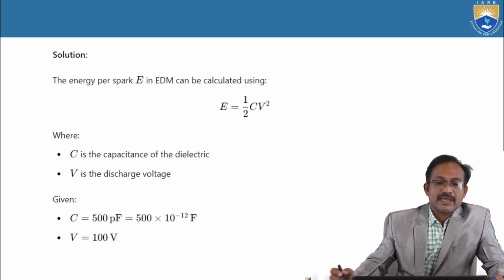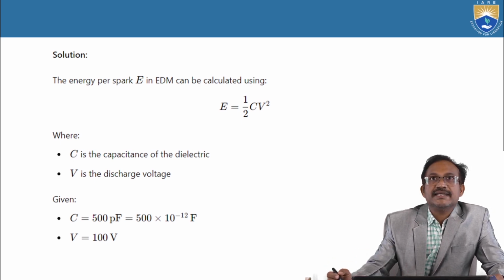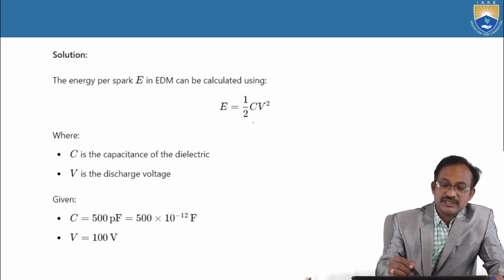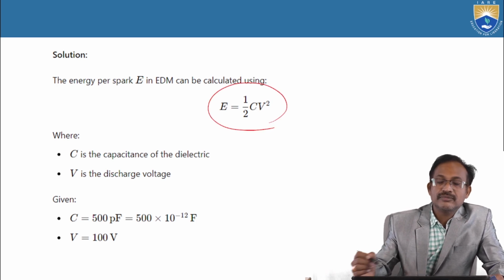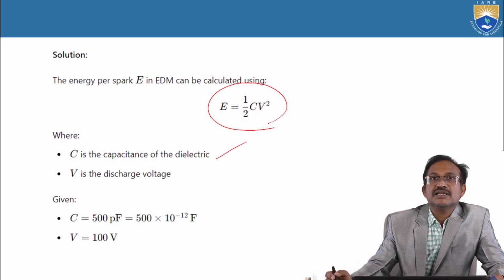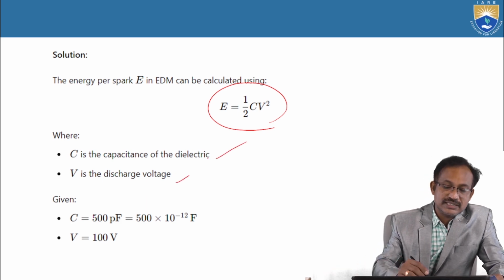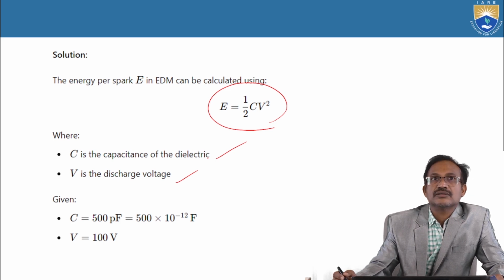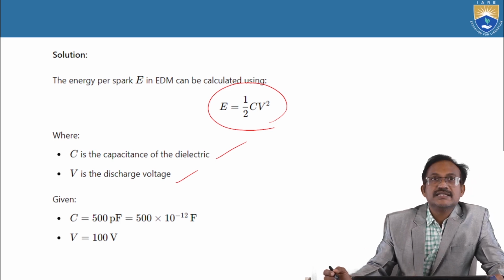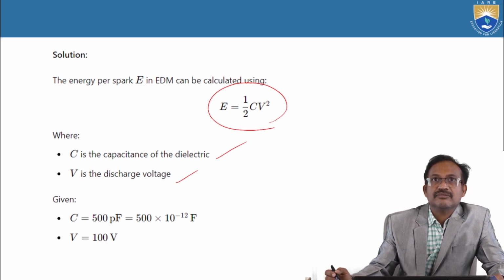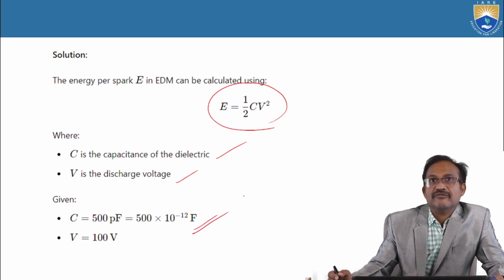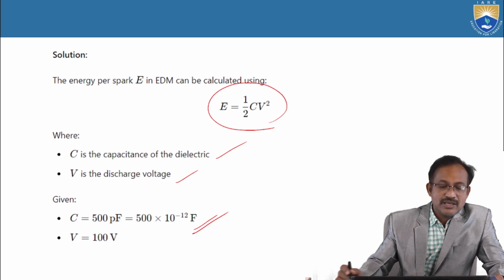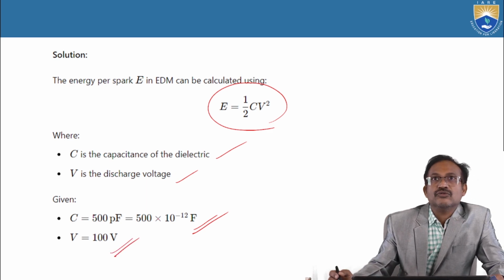Now the energy per spark E in EDM can be calculated using the basic governing formula E = ½CV², where C is the capacitance of the dielectric and V is the discharge voltage. Here C is given as 500 pF, that is 500 × 10^-12 F, and V equals 100 volts.